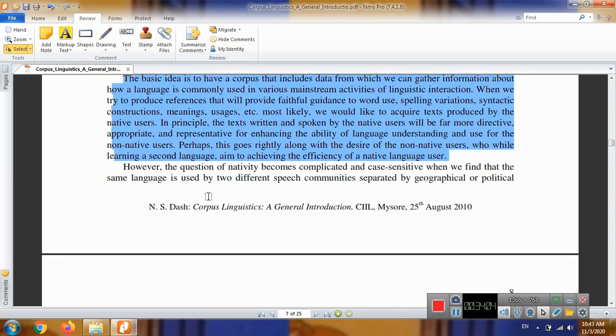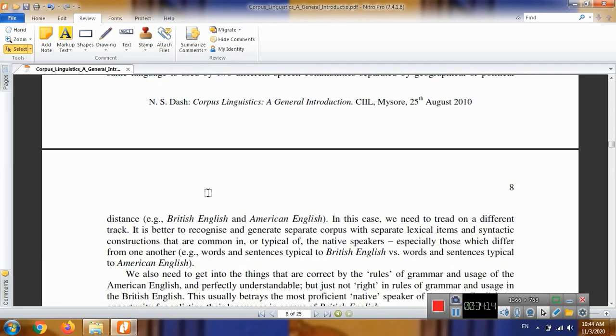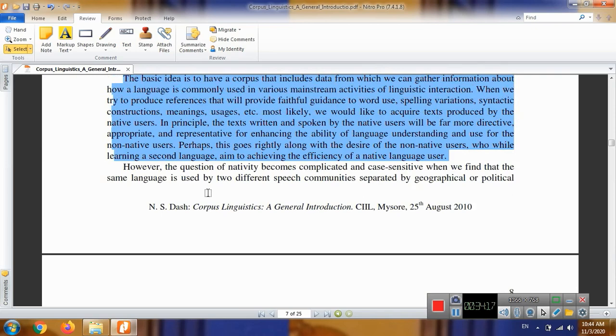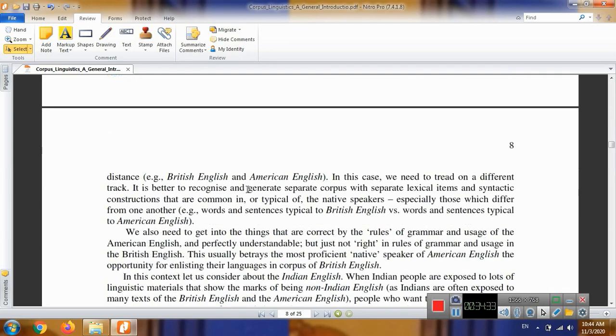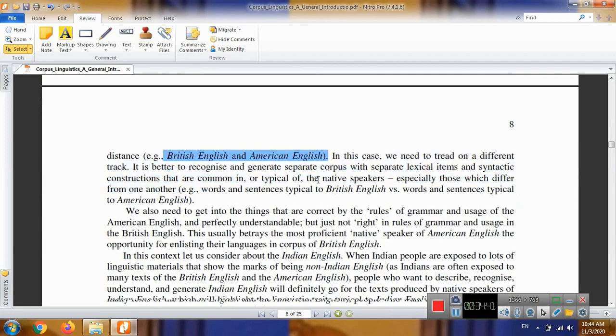However, the question of nativity becomes complicated and case-sensitive when we find that the same language is used by two different speech communities separated by geographical or political distance, like British English and American English.